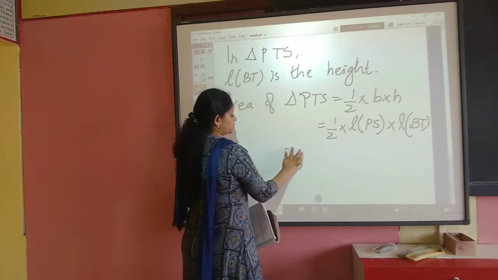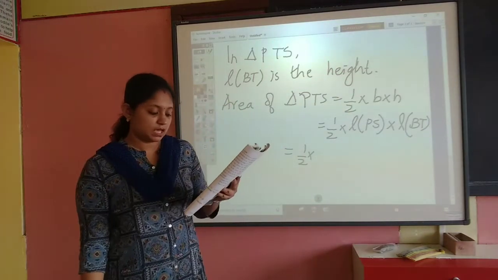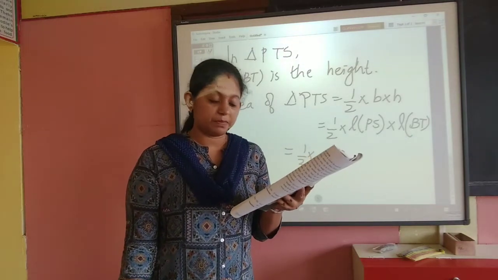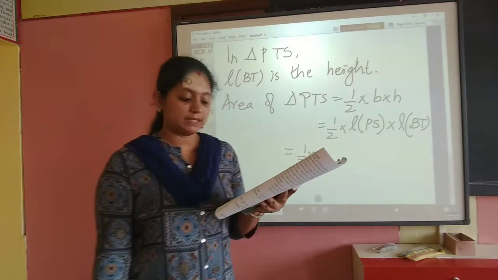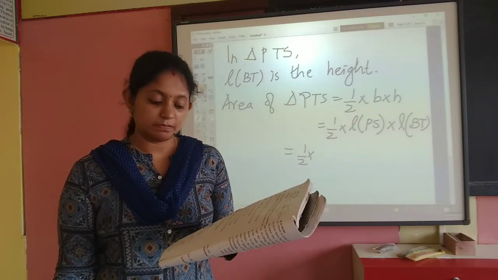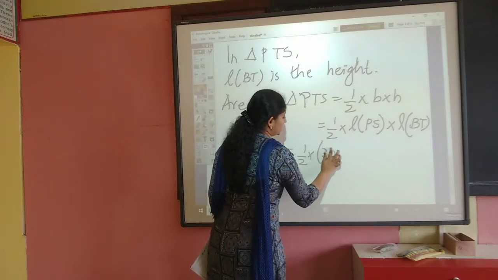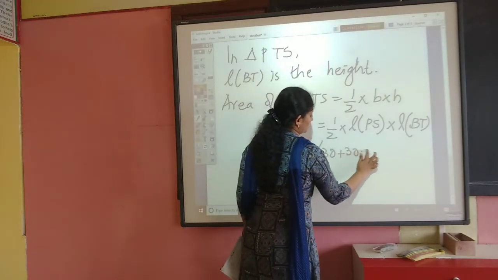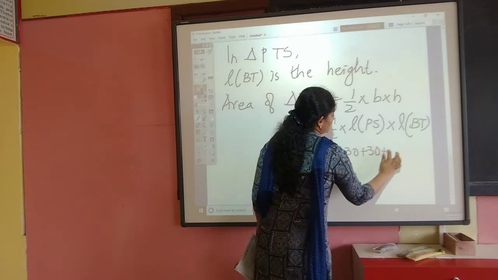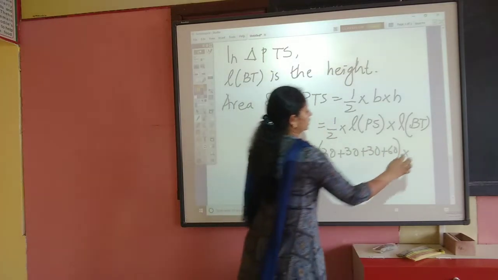Okay. Now substitute the value half into, now what is PS, students? You can see PS is nothing but PA plus AB plus BC plus CS. So 30 plus 30 plus 30 plus 60. So that we need to write 3 times 30 is added and last is 60. Close the bracket and what is the height given? 30.